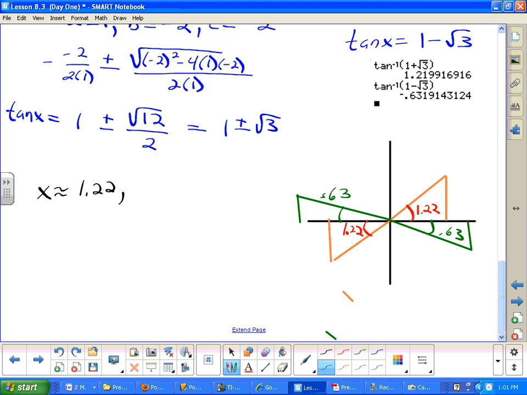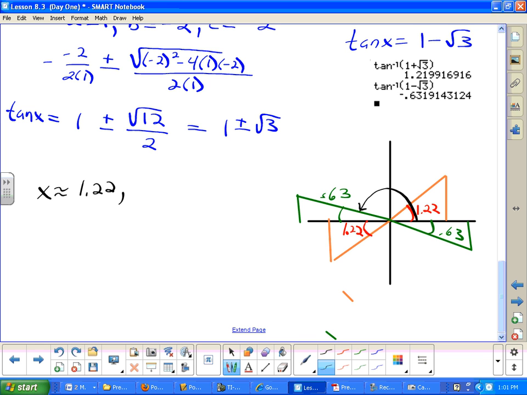How to find this one in the second quadrant then? What do I need to do? Because we're talking about this angle right here that starts at 0 and goes to this point here. So how would I find that answer?